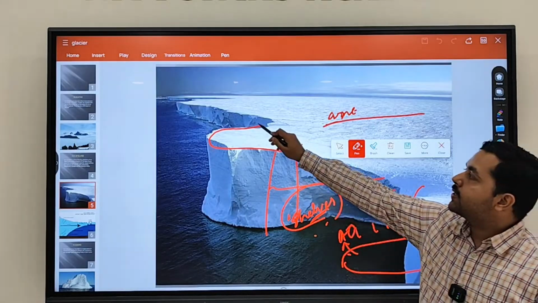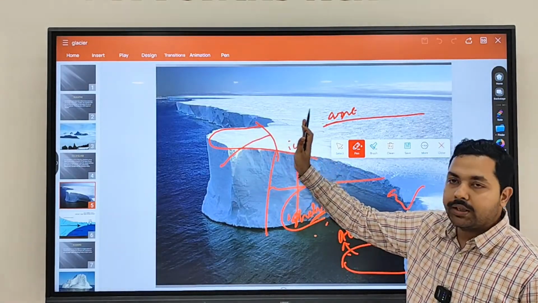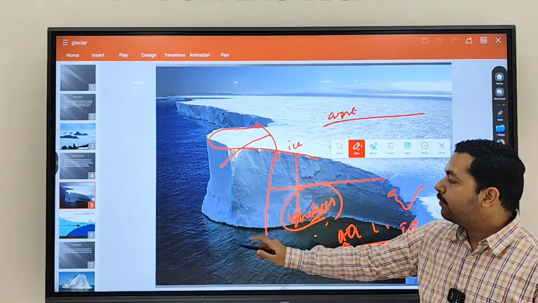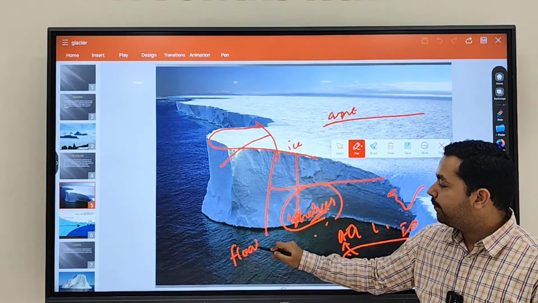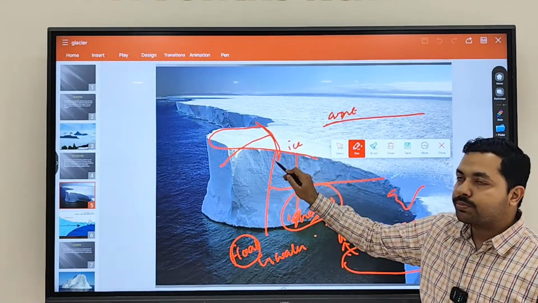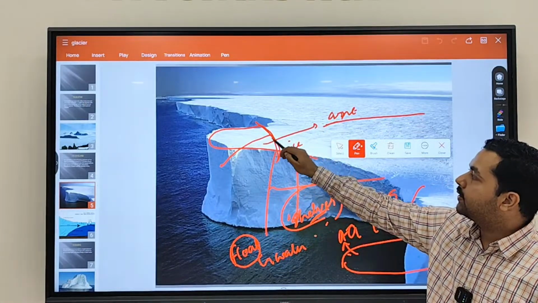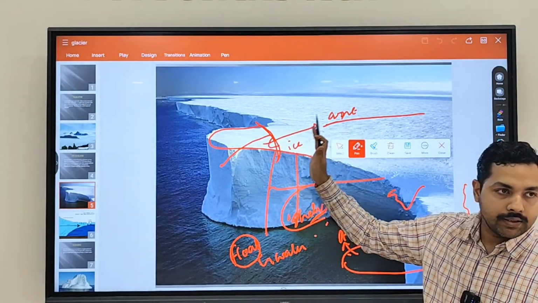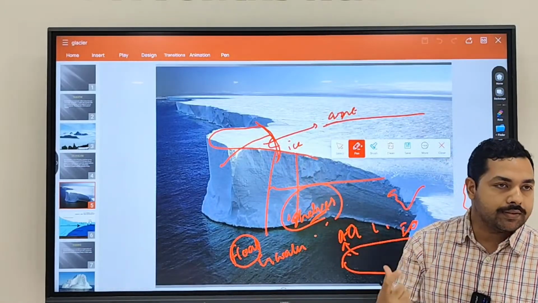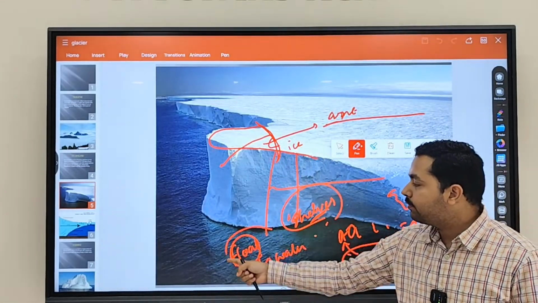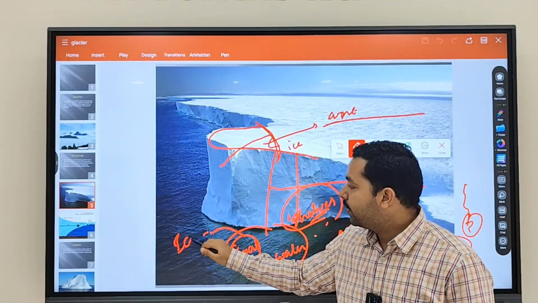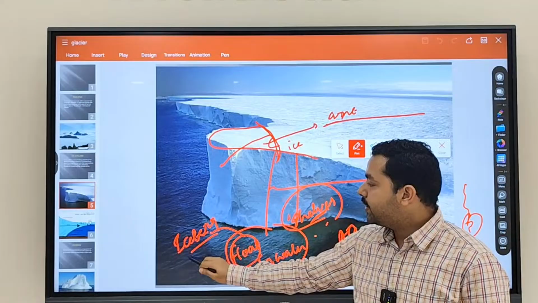And when this ice is broken down, what will happen? Then it will start to float in the water. Since it is connected with other ice, it is not broken down. When it is not broken down, it is called ice shelves. But when it is broken down and floats freely inside the water, then it is going to be called an iceberg.